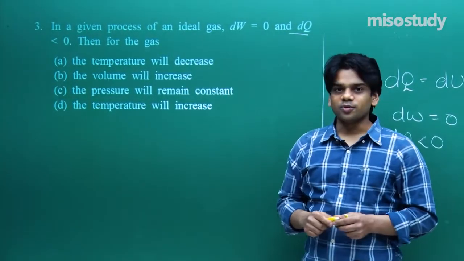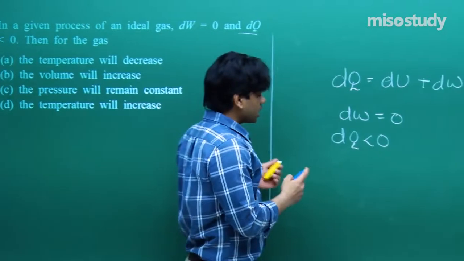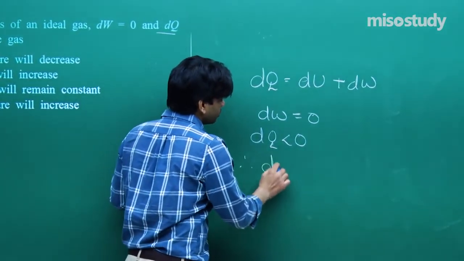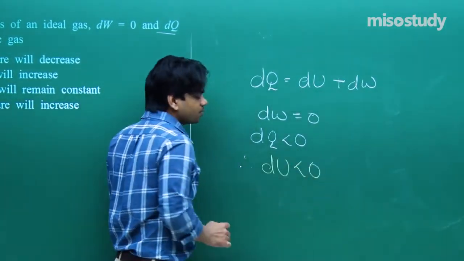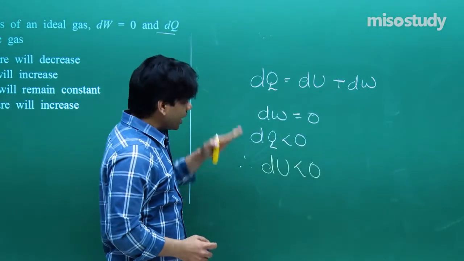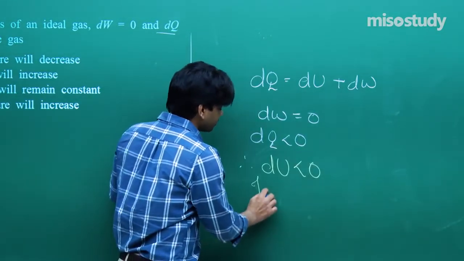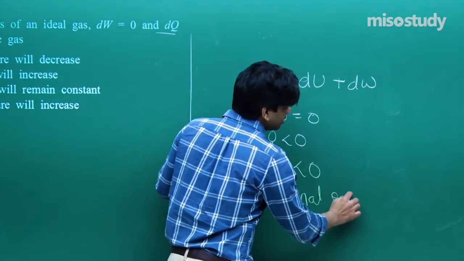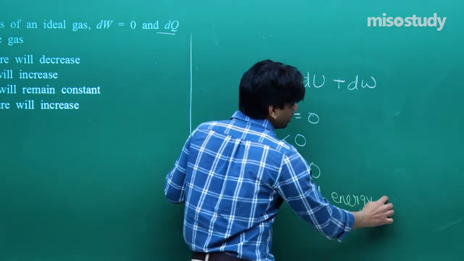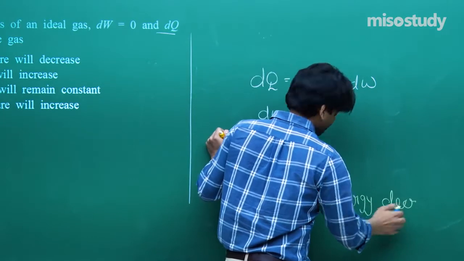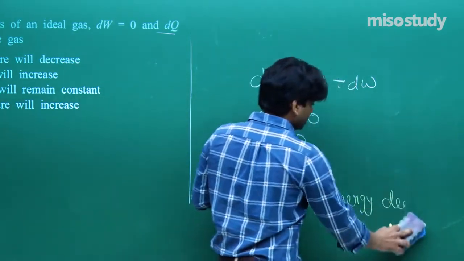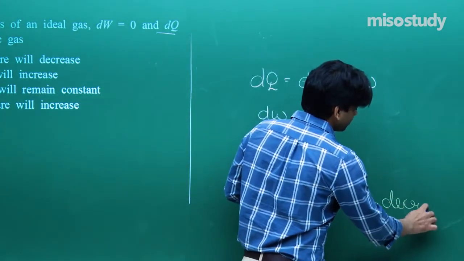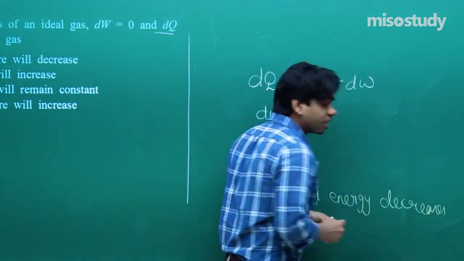So if dQ is less than 0, therefore dU will be less than 0. We all know this. So internal energy is going to decrease.